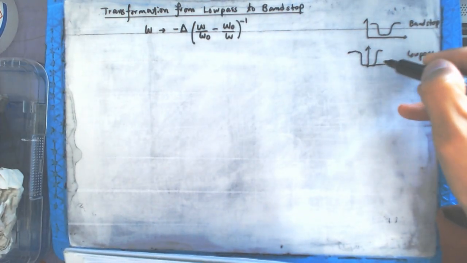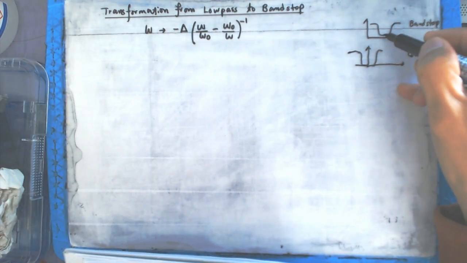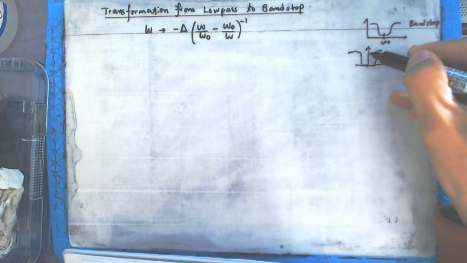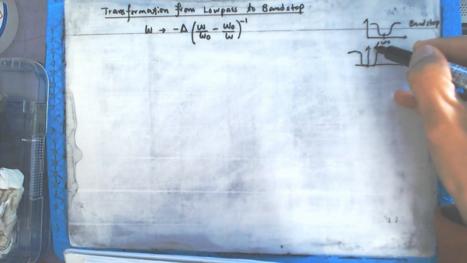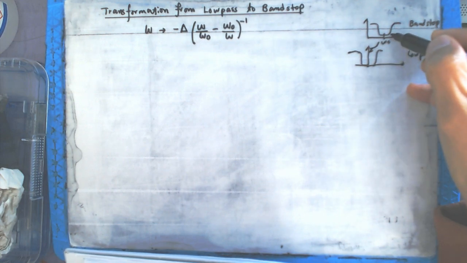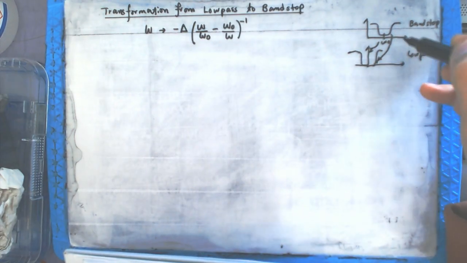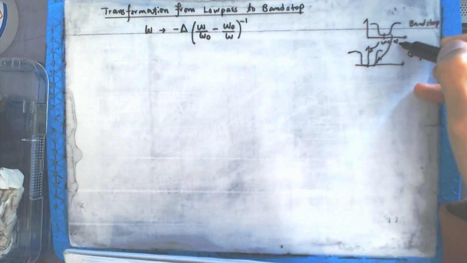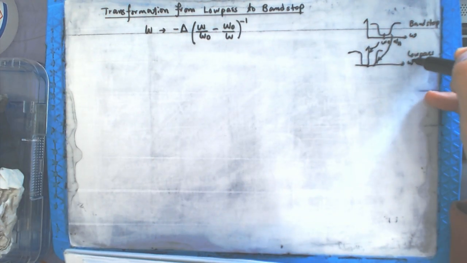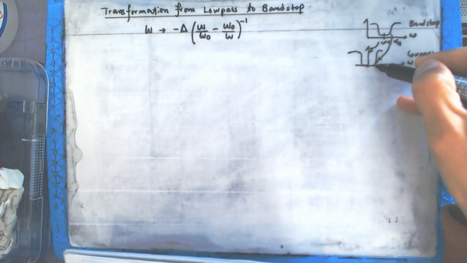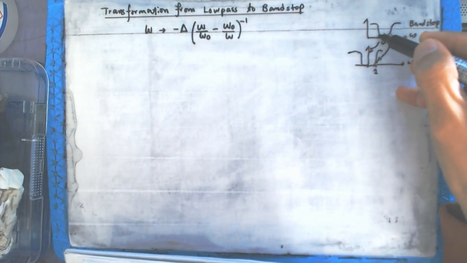The center frequency, omega naught, will be matched to 0. The upper frequency will be matched to 1 here. And obviously, the lower corner frequency will be matched to -1.